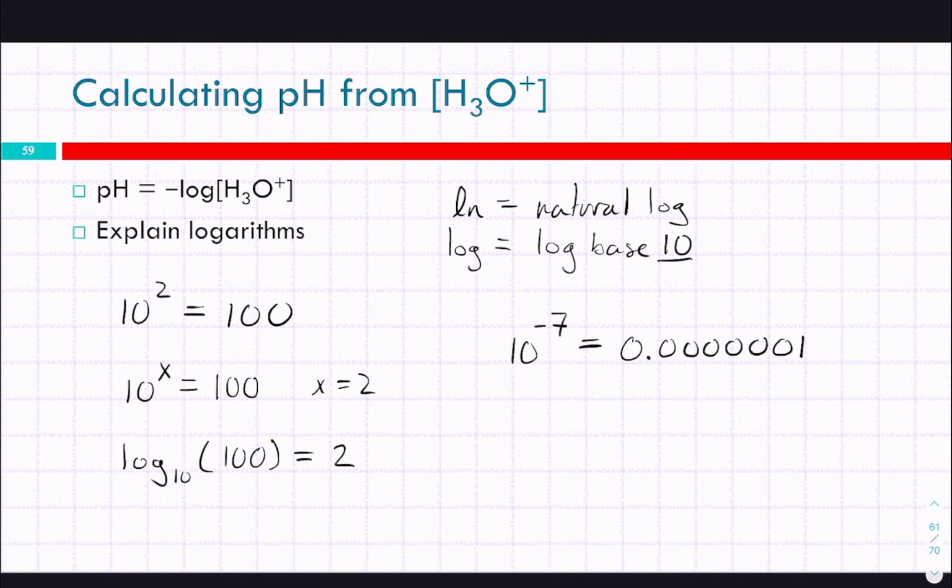Then the logarithm, log base 10, of 0.0000001 equals negative 7. So 10 raised to the negative 7 would give us that number. The reason that for pH we use the negative log is so that our numbers come out positive.